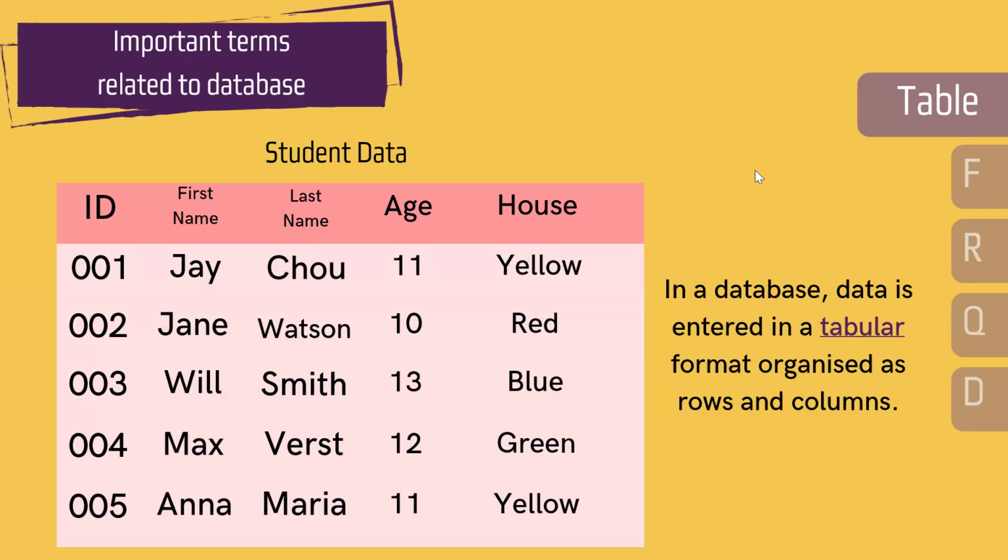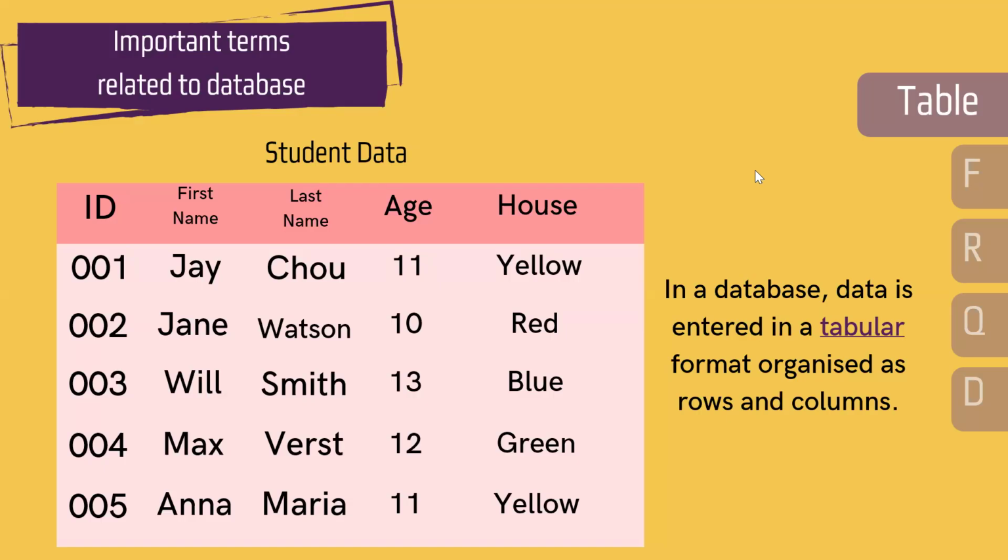A table is a collection of rows and columns. You can also write, instead of rows and columns, records and fields. So this is the simplest form of definition we have for the table.